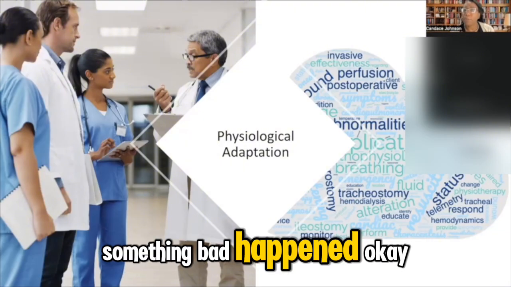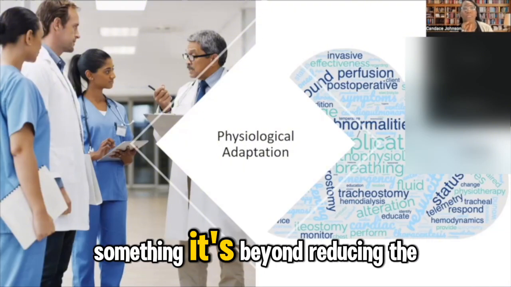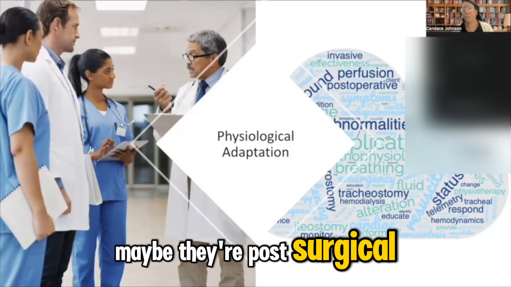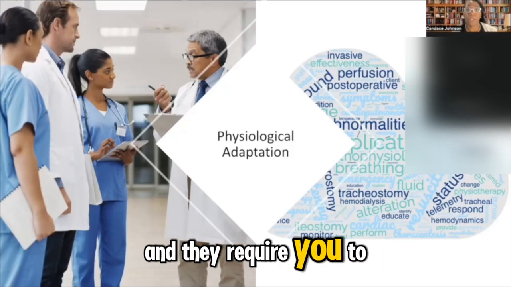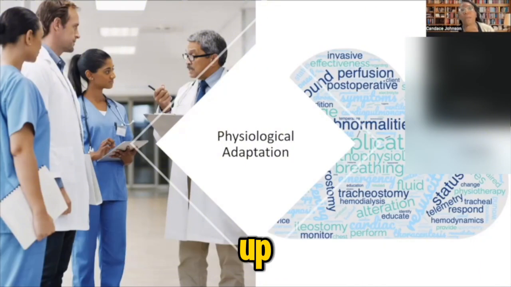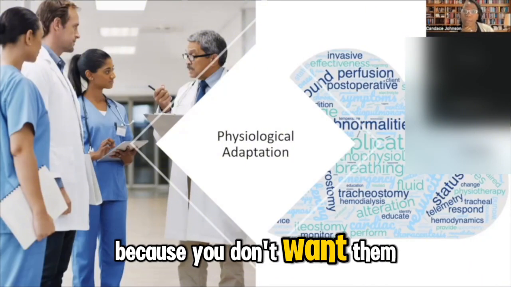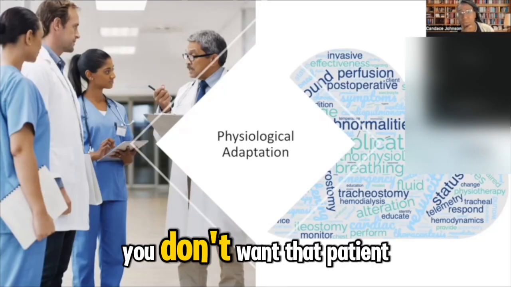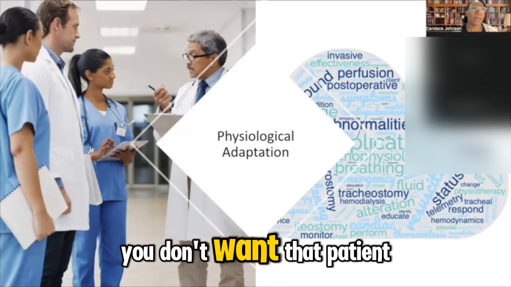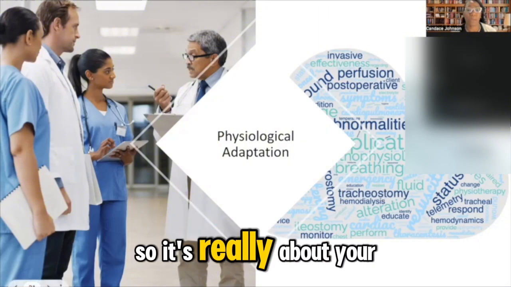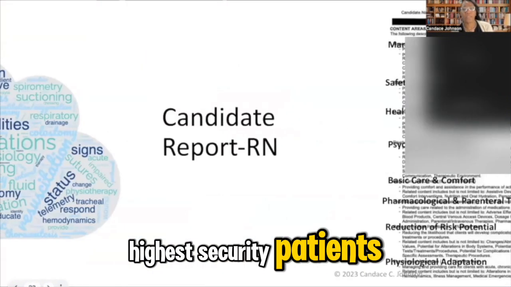Something bad happened. It's beyond reducing the risk. Maybe they're post-surgical and they require you to really focus in on the issues that they may have coming up because you don't want them to decompensate. You don't want that patient to go into a worsened state. So it's really about your highest acuity patients.